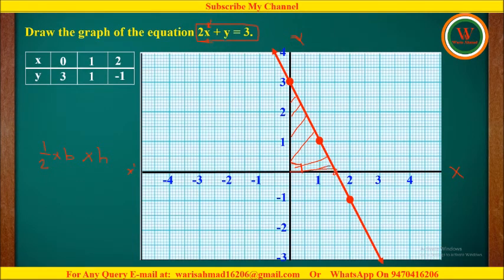On the place of base we can take 1.5, while on the place of height, the total height of this triangle is 3 units. So on the place of height we write 3 units, and 1 upon 2 will remain the same. After calculating this, we can get the area of this shaded region.